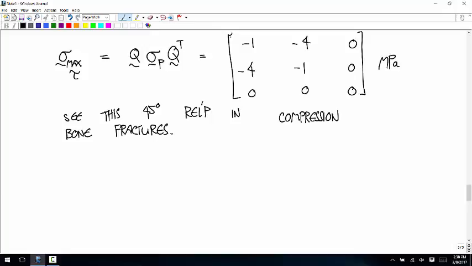So if you have a compression fracture of the leg, which is something that happens a lot in car accidents, so your car crashes, your heel hits the underside of where the pedals are, you get a compression fracture of the leg where the femur is loaded. So there's the femur, and it's loaded in compression like this. And the fracture happens like that, exactly 45 degrees from the line of compression.